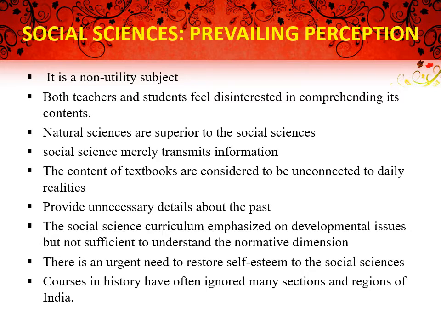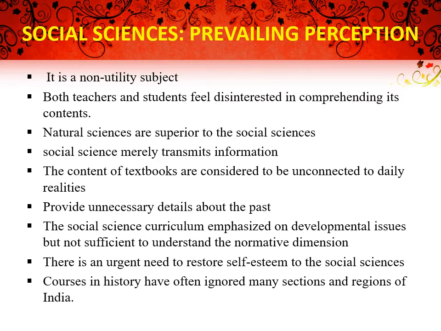In addition, social science is viewed as providing unnecessary details about the past. It is also felt that the examination paper rewards the memorization of these superfluous facts with the general conceptual understanding being largely ignored.